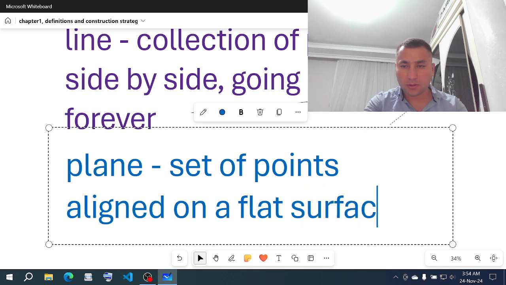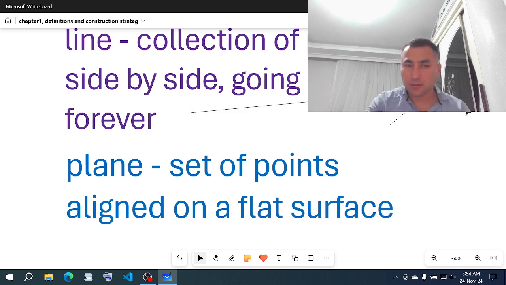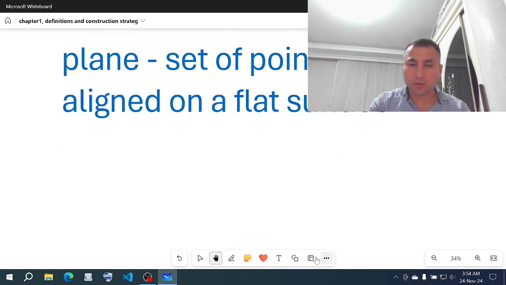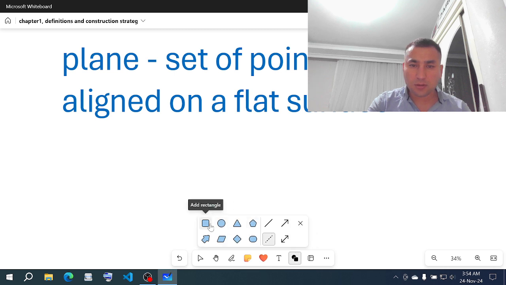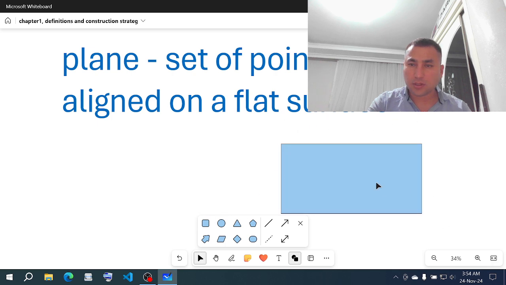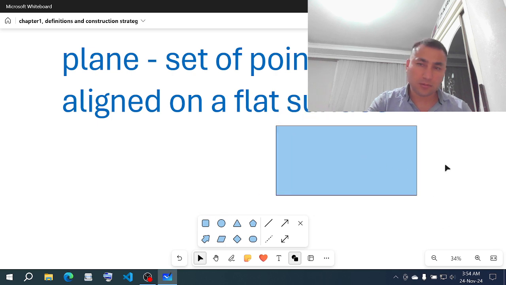That's a plane. For example, the screen of this computer. Maybe a rectangle. Anyway, these are the plane.